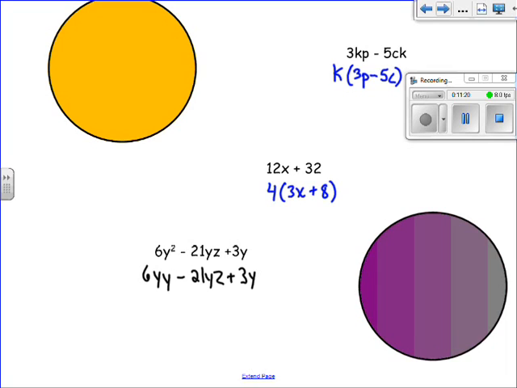You should recognize that the coefficients have a common factor of 3, but the variables also share a common factor of y through the whole problem. So I can factor out the 3y, and I'm left with 2y minus 7z plus 3y divided by 3y is 1. There you go. All right, that should be enough to get you going on your homework.